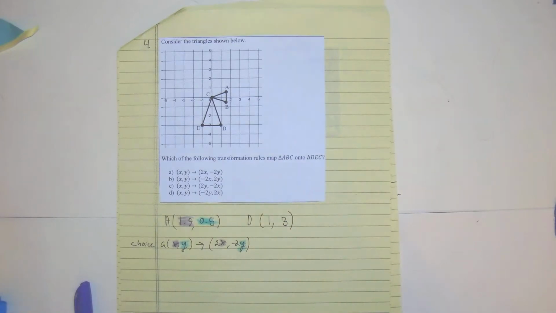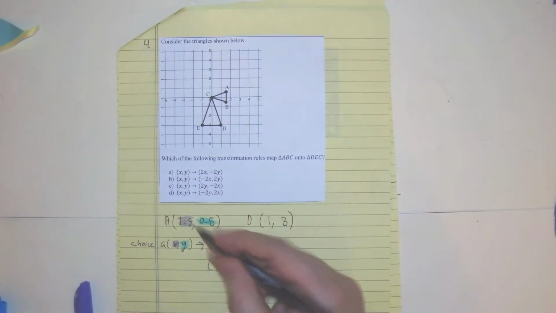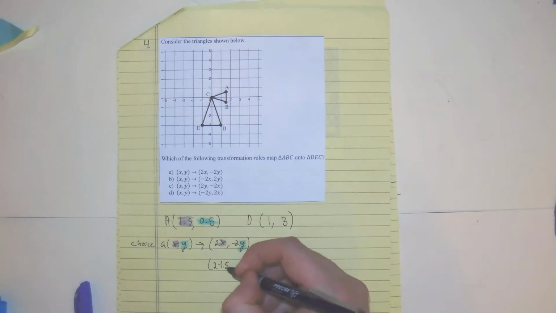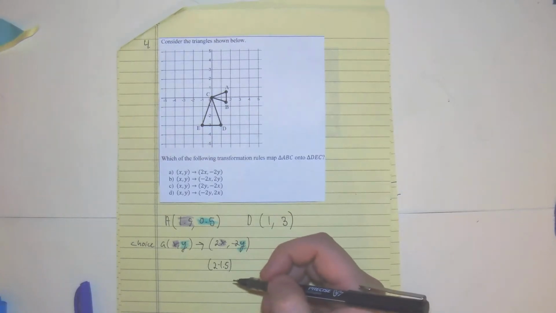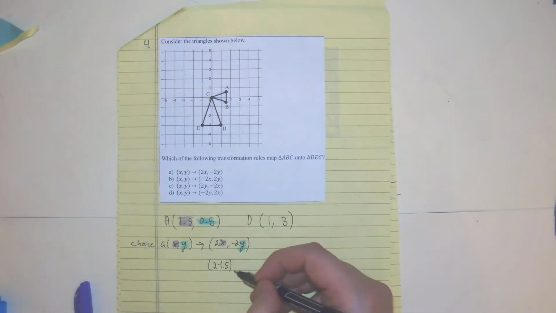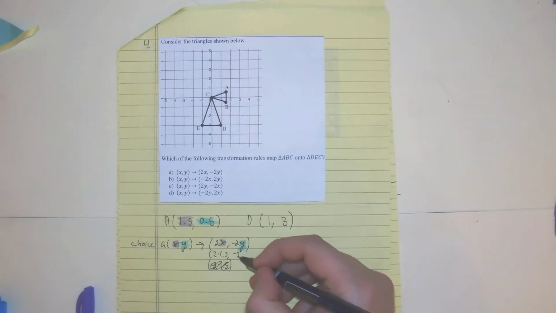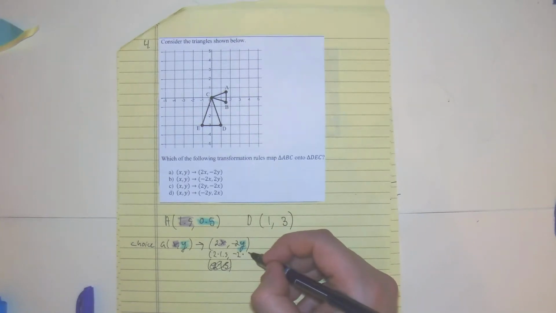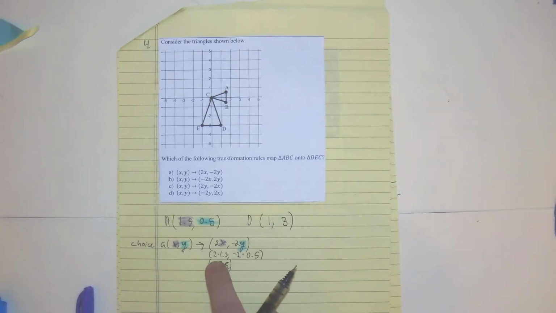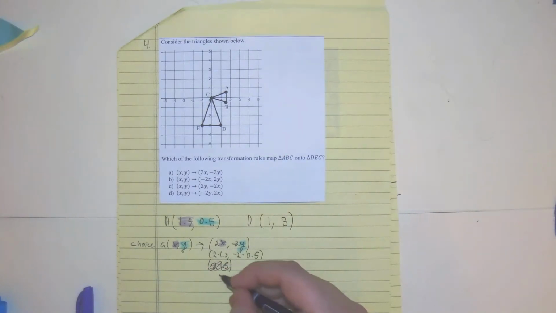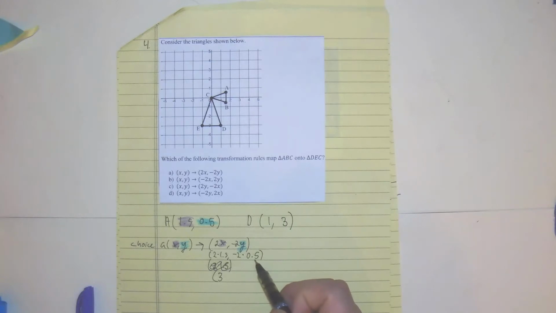So if we do that, 2 times 1.5, then it would be 2 times 1.5, comma, negative 2 times 0.5. 2 times 1.5 would be 3, and then 2 times negative 0.5 would be negative 1.